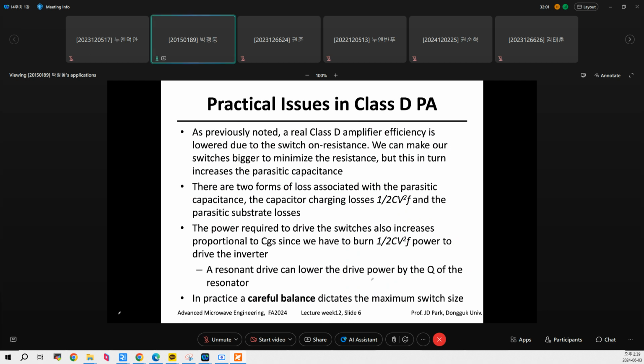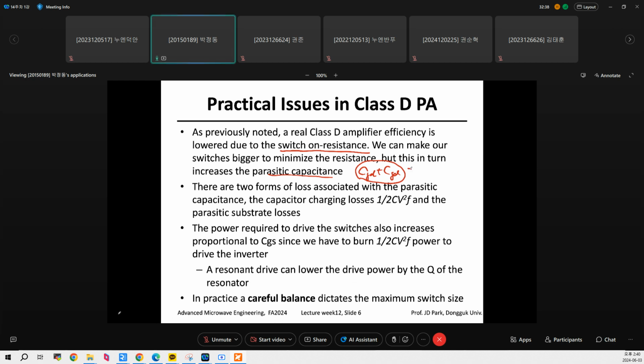So there are so many practical issues in the Class A power amplifier. As previously noted, a real Class A amplifier's efficiency is reduced, right, due to the switch on-resistance. Therefore, I said we need to increase the switch size. However, if we increase the switch size, that will increase the parasitic capacitance, CGS plus CGD. Those are the main parasitic capacitances, right?